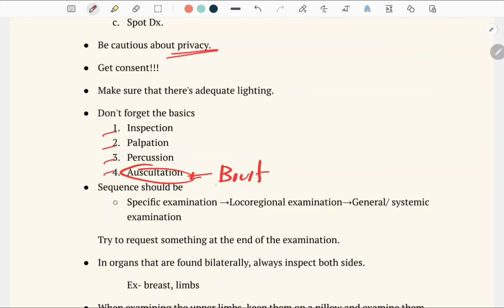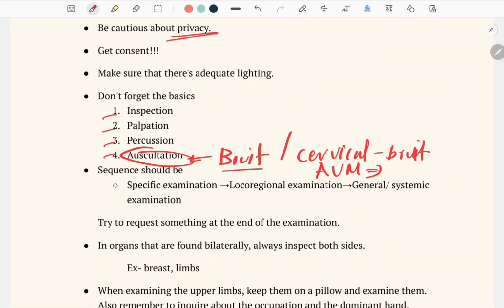In thyroid cases, or in something like a cervical rib, again you auscultate for bruit. Or in certain cases like AV malformation, again you listen for bruit. Other than these certain cases, most of the time it's only inspection and palpation. Those are the two main components in surgical cases. Percussion also you won't get.